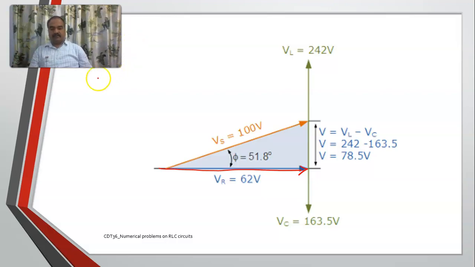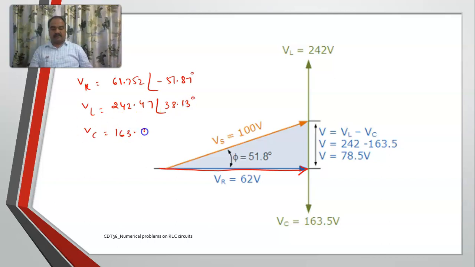My VR was 61.752 at an angle of minus 51.87, and my VL was 242.47 at an angle of 38.13, and my VC was 163.79 at an angle of 141.87. Right, you should pen down these voltages, and my total VS was 100 at an angle of 0.